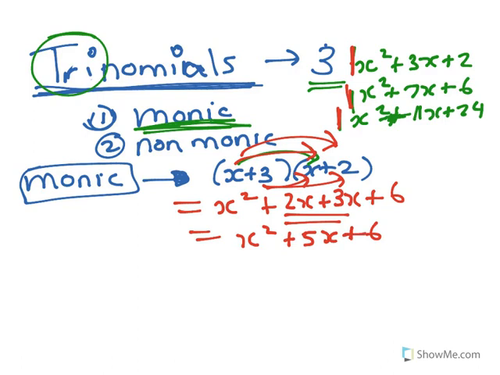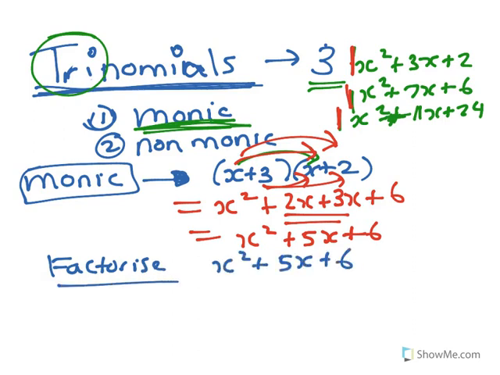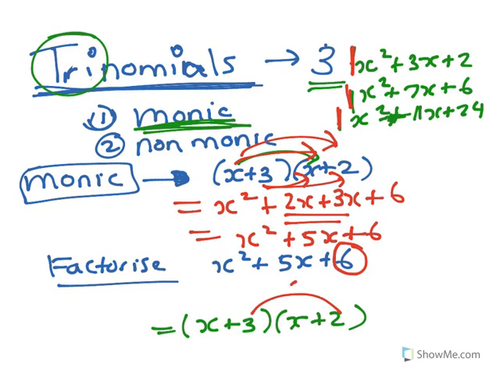Now, that was expanding, but if I asked you to go backwards and factorise this, then you already know what the answer is, and you'd expect x plus 3, x plus 2 is the answer. So if you didn't know that, what would be a way of getting that answer? If you look at that 6, how did it actually form?